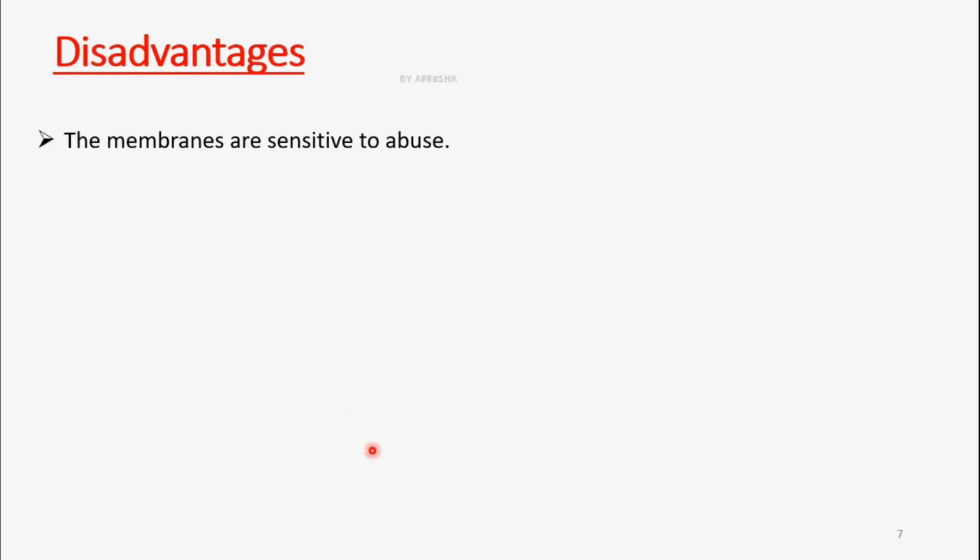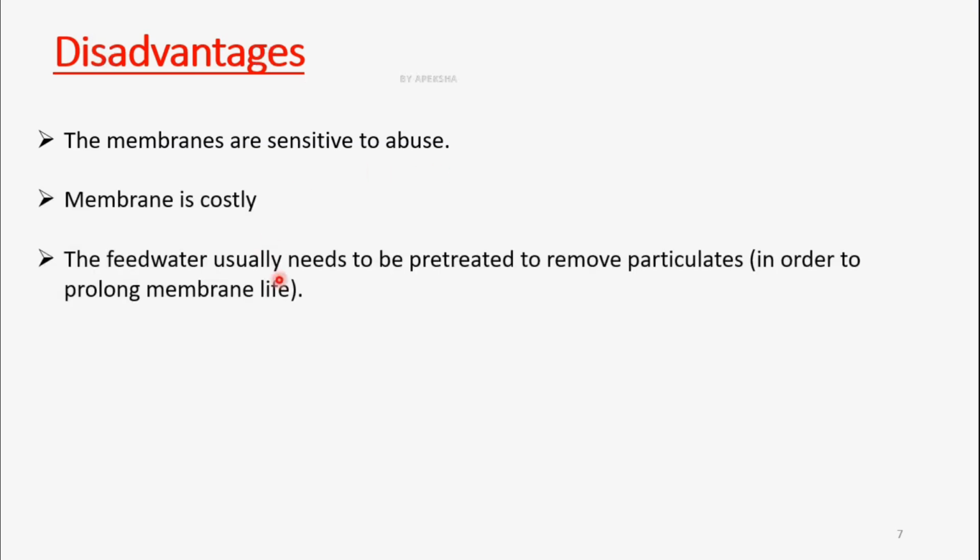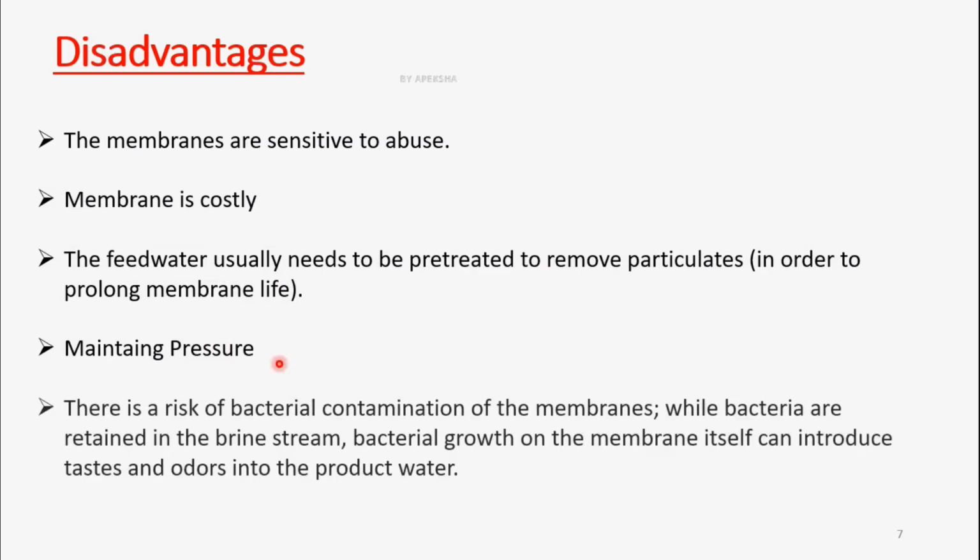And disadvantages are there. So membranes are sensitive to abuse and they are costly. Of course, feed water usually needs to be pre-treated to remove particulates and maintain pressure, and there is a risk of bacterial contamination of the membranes while bacteria are retained in the brine streams.